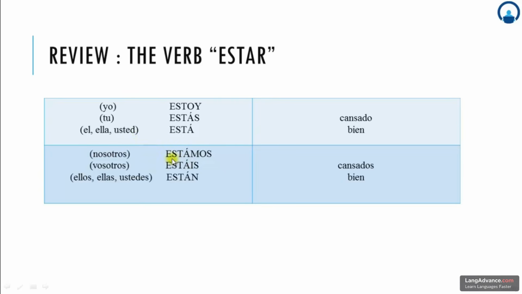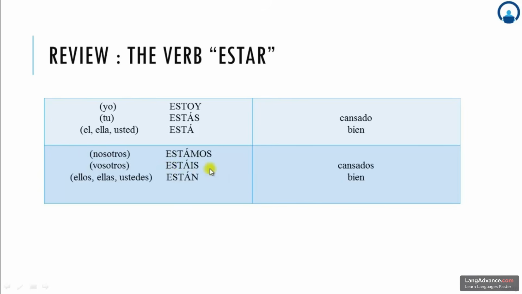Next, estamos cansados. We all are tired. Note that cansado over here has changed to cansados because all these are plural, and that's why this word also will be changed to plural. But this does not happen with bien because bien is the same, whether it is singular or plural.